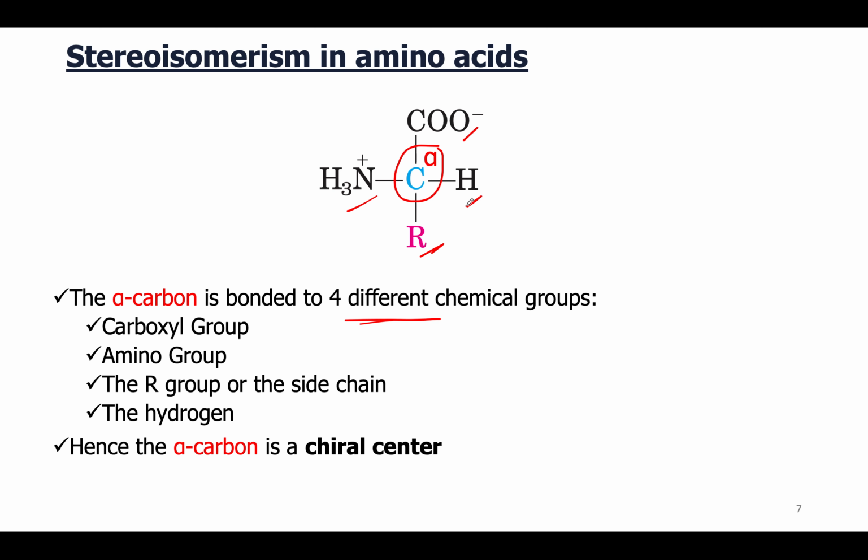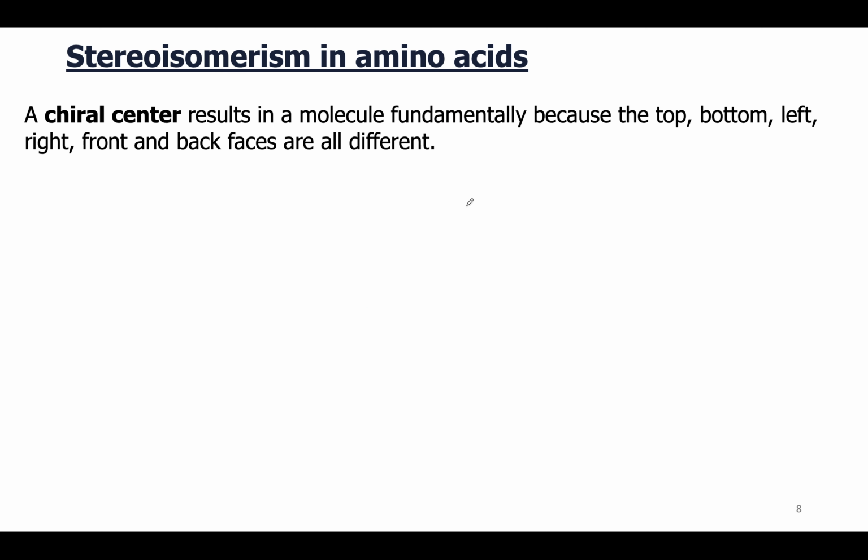So each amino acid will have a chiral center. If I look at a typical amino acid, the presence of this chiral center results in a molecule that is different in the top, bottom, left, and right.